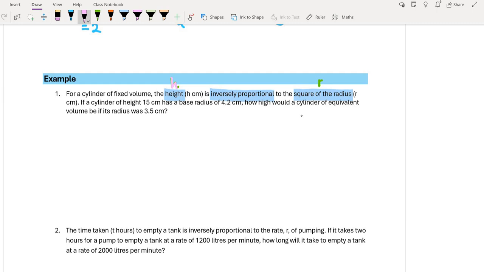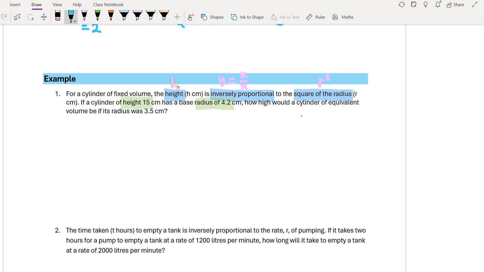Let's use a different color. But then it's the square of the radius, so it's going to be r squared. And inversely proportional, meaning that it's going to be y equals k over x as our equation. And then the next bit gives us some values. When height is 15, the radius is 4.2.